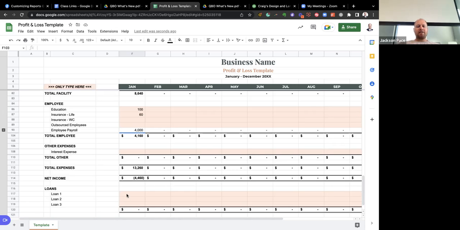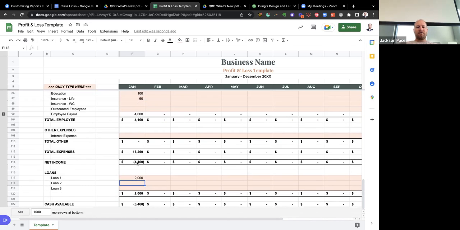So in this case, we could even say maybe the business went out and purchased some vehicles, they have a fleet, and so maybe their loan number one is they're paying $2,000 a month for some of these vehicles. And so you can see net income, it's actually a net loss. In cash available, negative $6,460 because it takes into account that loan.